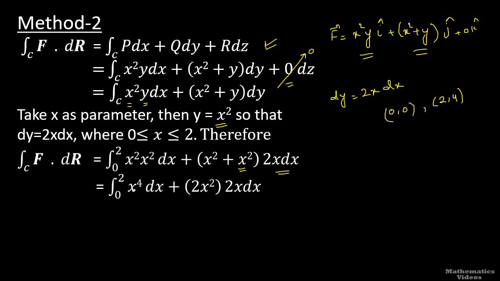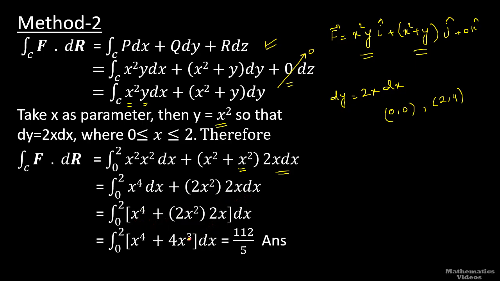Now this simplifies to x power 4 dx plus 2x square times 2x dx, and this further simplifies, by taking dx as common, to x power 4 plus 2x square times 2x, which is 4 times x cube. Okay, now again apply the power rule of integration with respect to x, and then apply the limits of integration. We get the same result, 112 divided by 5. So this is how we can solve the line integral of a given vector field by using the second method.